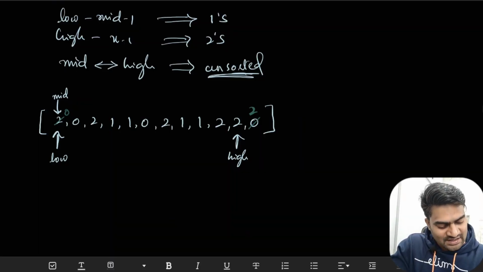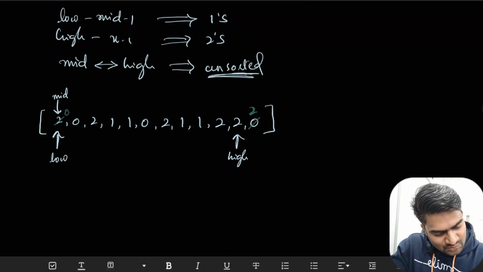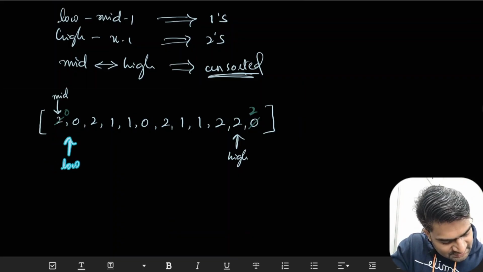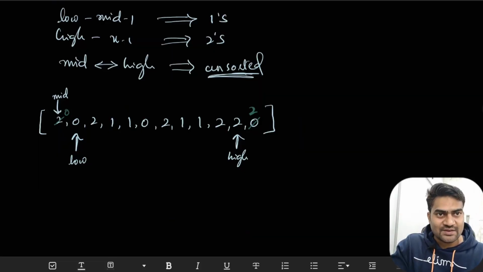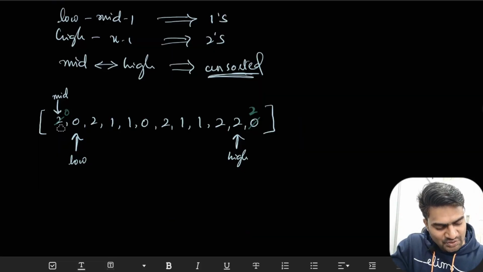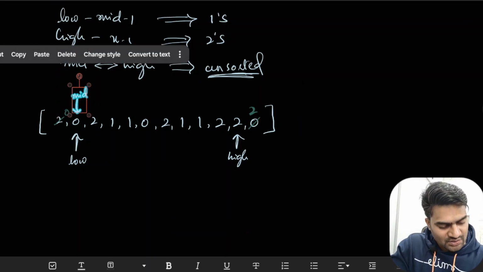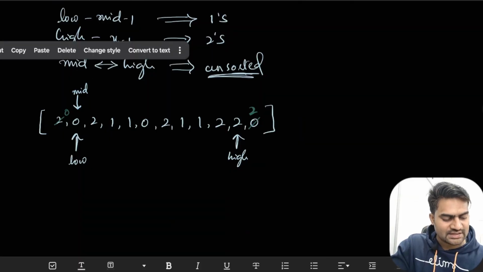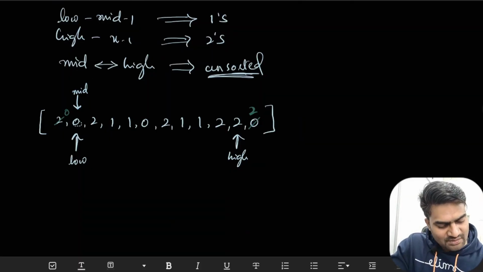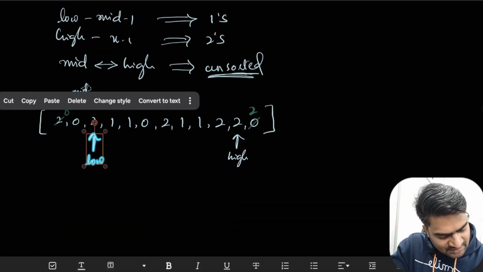After that, my low should point to the next 0, so I need to move it to the next value. Now I have successfully processed this value, so I also need to move my mid pointer to the next number. Now I am trying to process the next number. Since again it is 0, our pointers will move to the next value.